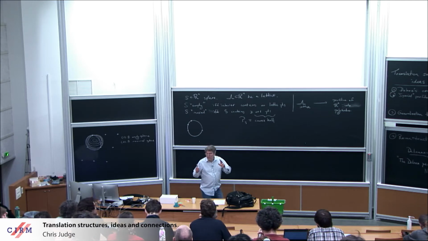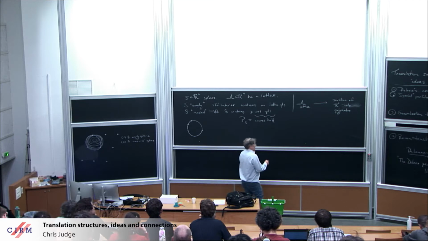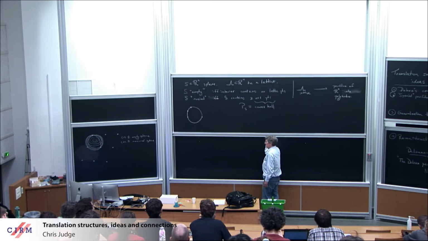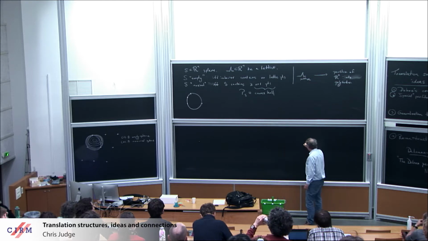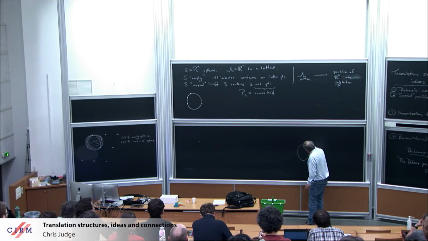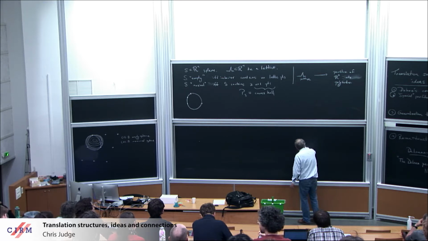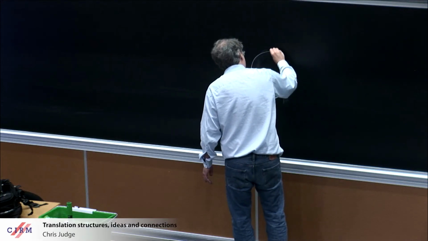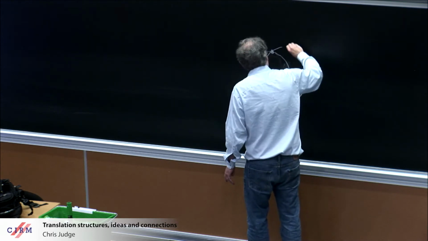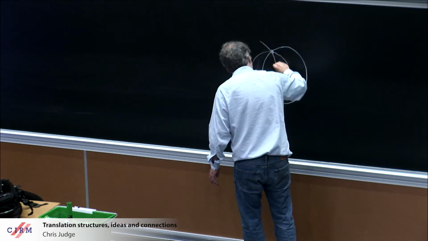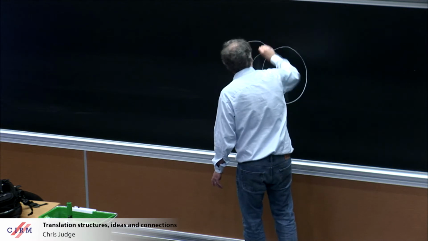In fact, one of the reasons I wanted to bring up this construction is that in the time of Delaunay, his teachers would have taught him this, and this was taught in all universities at the time. If you had a picture like this, where these are supposed to be circles, this is a point, and this is a point, and I look at all circles that pass through those 2 points.